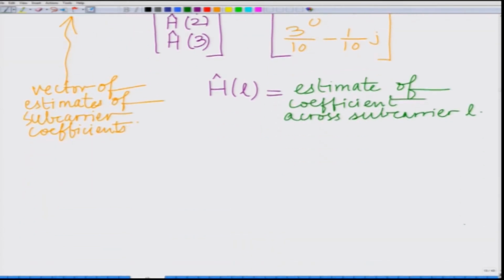Alright. So, now we have found the estimates of the coefficients across the various subcarriers, that is H hat 0, H hat 1, H hat 2, H hat 3, that is the capital H's, right. From this we can also compute the estimates of the channel taps, remember the small h's, h0 and h1.